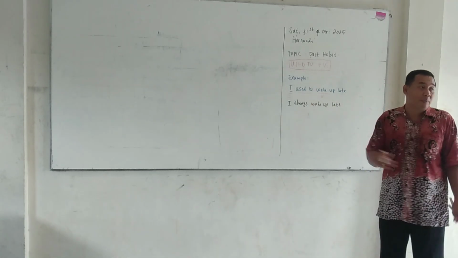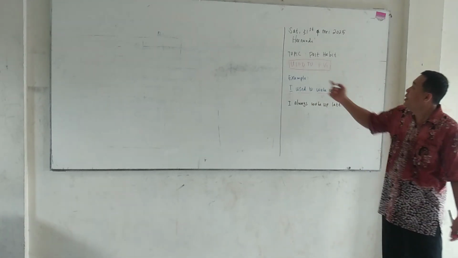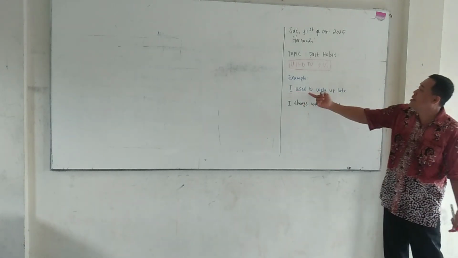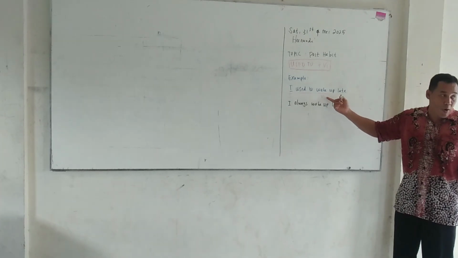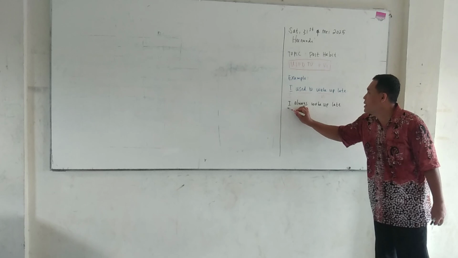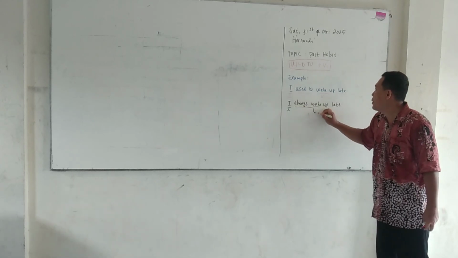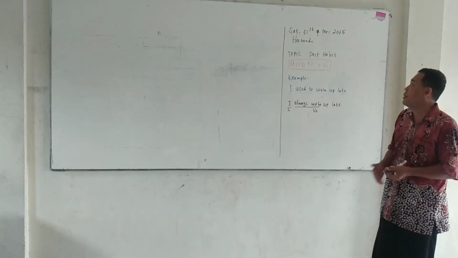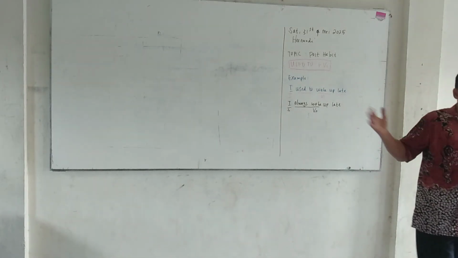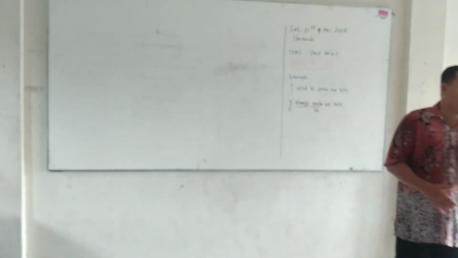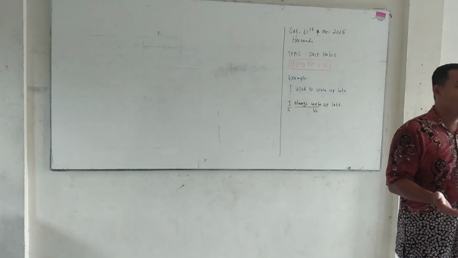But there are some differences between the first example and the second example. When we use used to, we use verb one as the main verb. But in the second statement, this is the subject, and we've got verb two. But the meaning is just the same. Do you have any questions so far? No. Okay. So I can give you more examples.